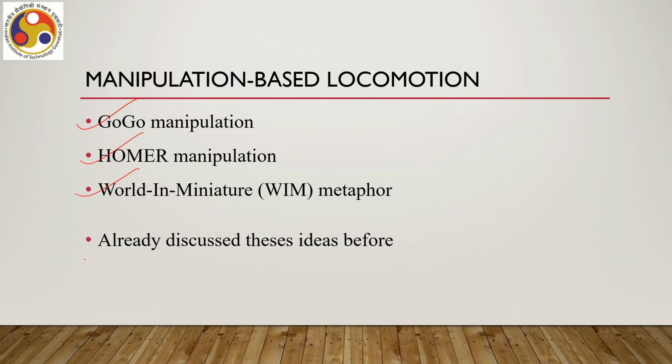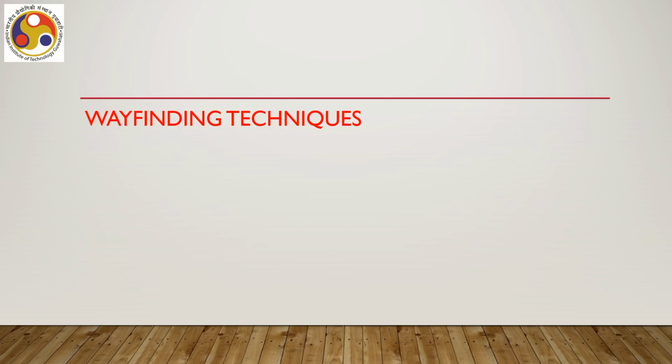Since we have already discussed these techniques before, we are not going to discuss further what is go-go or what is Homer manipulation or what is world in miniature. Please refer to the previous lectures for discussion on these concepts. So, with that we have come to the end of our discussion on locomotion techniques.